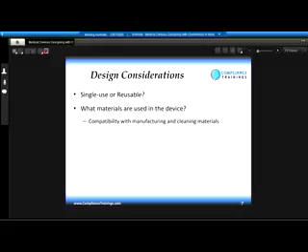Now, when you're looking at design considerations, one of the first questions that you need to ask yourself is, is this device going to be a single-use device or is it reusable? What materials are going to be used in the device? We need to make sure that those materials are compatible with all the manufacturing as well as the cleaning materials that are going to be used in the processing of that device.